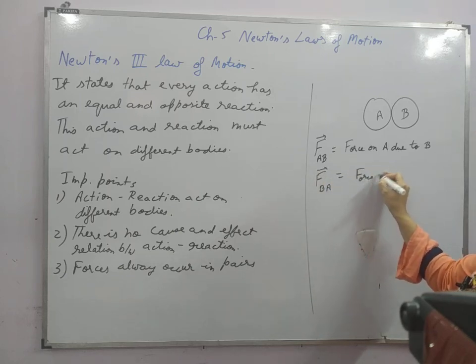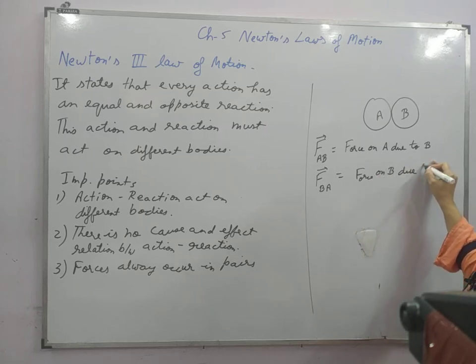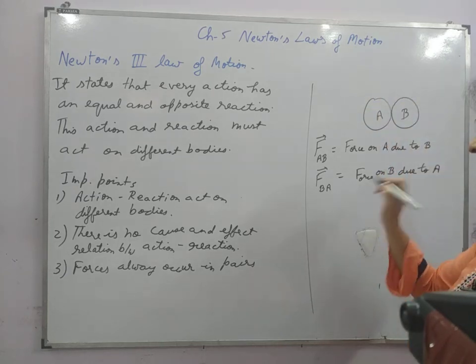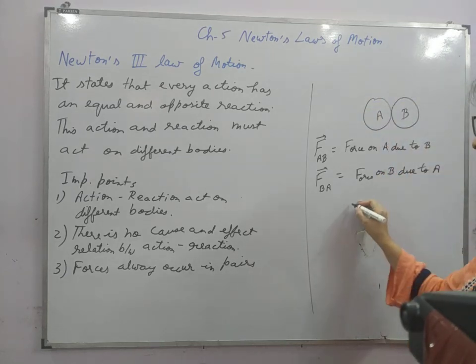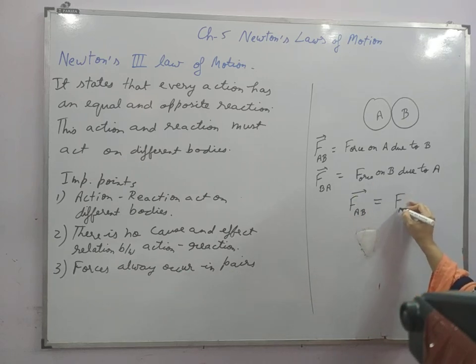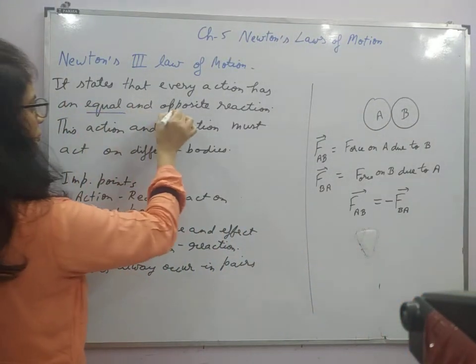So FBA is the force on B due to A. According to this third law, if I want to write it mathematically, the force on A due to B is equal in magnitude, but the direction is opposite: FAB = -FBA. So these are equal and opposite action reaction forces.